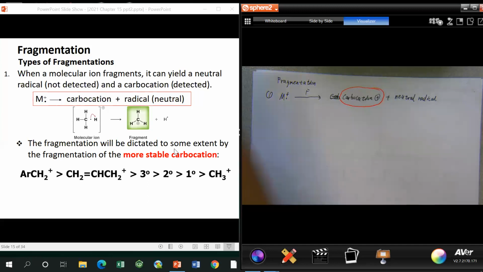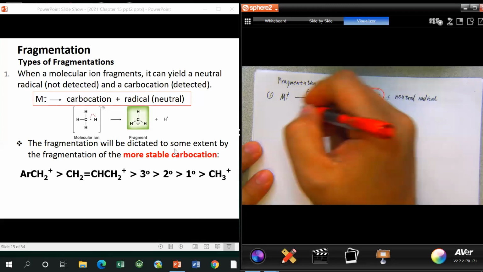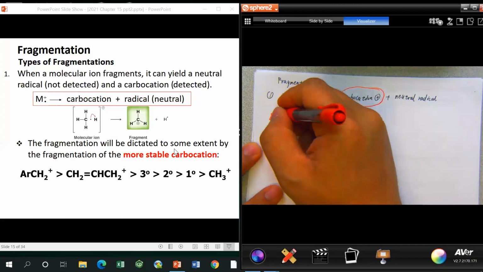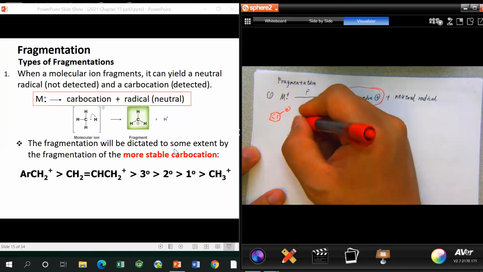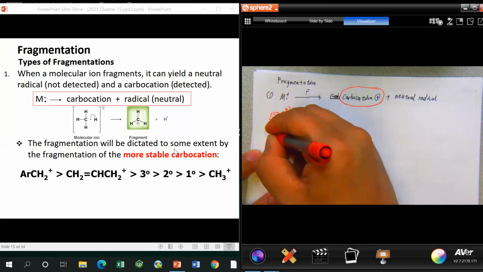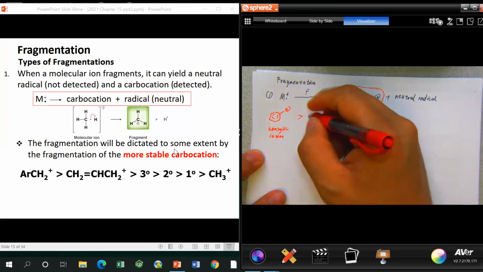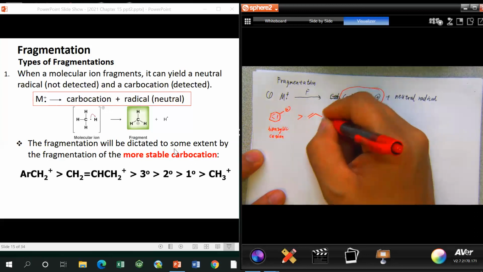The most stable carbocation is the benzylic carbocation, like this CH2 cation here, which we call the benzylic cation, followed by the allylic cation from the alkene.